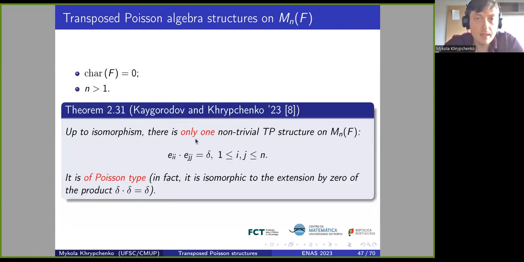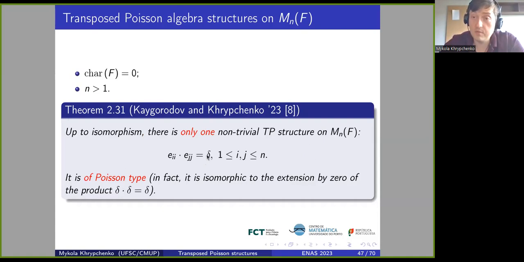Regarding the full matrix algebra, using its decomposition into the direct sum of its center, a one-dimensional subalgebra, and its square, you can easily prove that there is only one, up to isomorphism, non-trivial TP structure on this algebra, and it's given by this multiplication table.